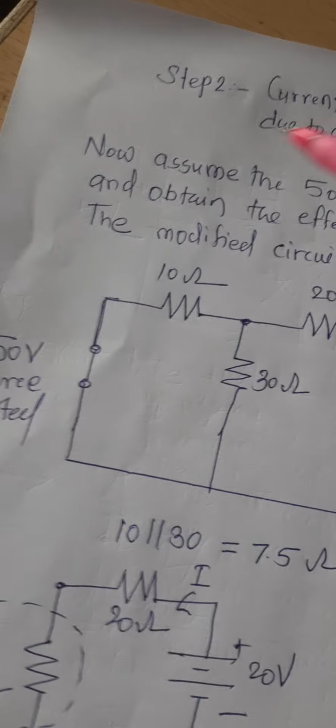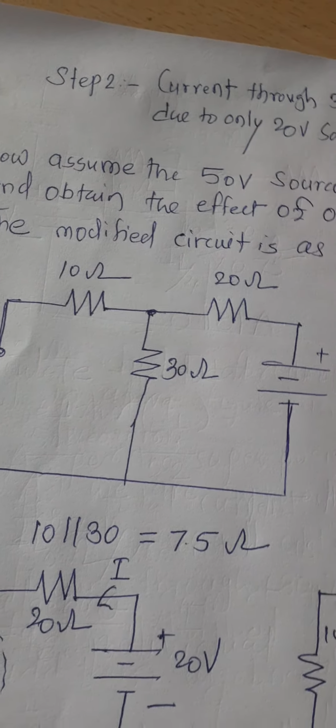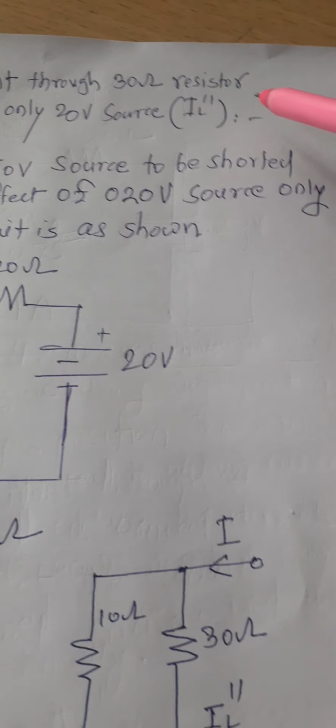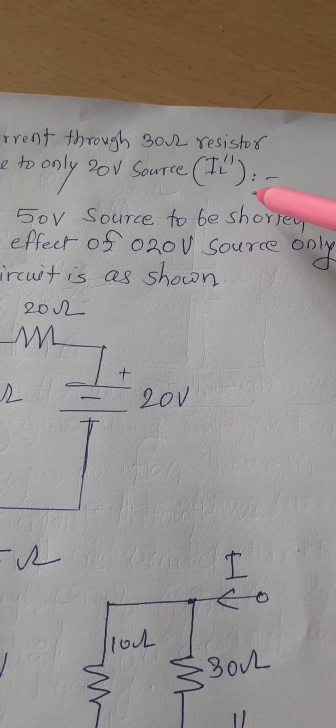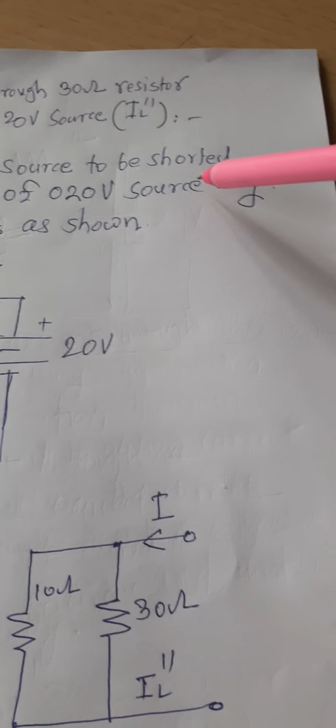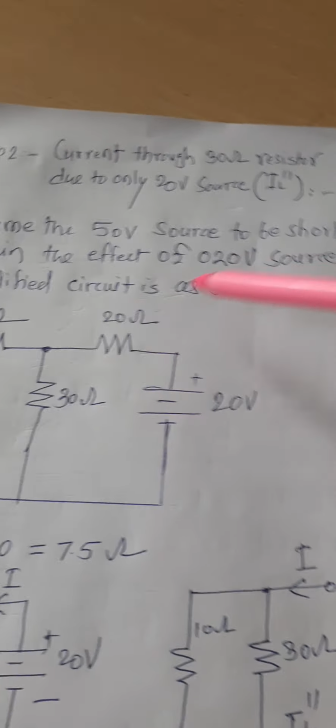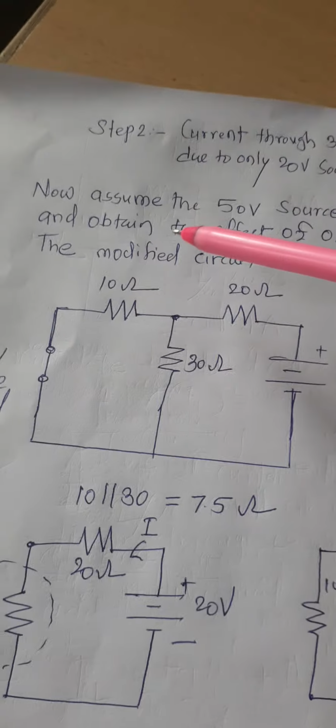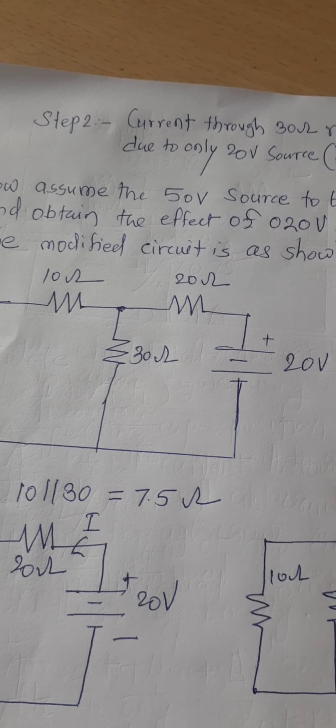Step 2, current through the 30 ohm resistor due to only the 20 volt source active, IL double dash. Now assume the 50 volt source to be shorted, and this 20 volt source will be operative.